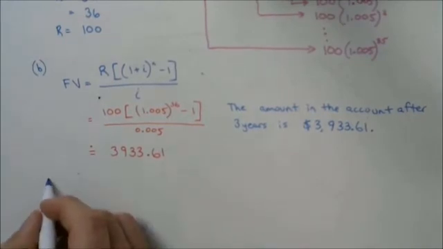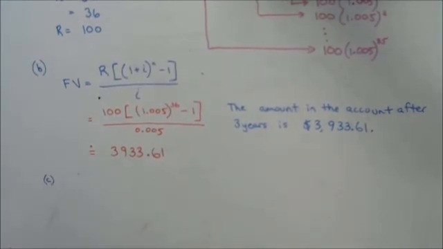C, how much interest was earned? So this is the full amount. That's all of the payments plus the interest earned on each payment. So we want to find out how much interest he's earned, which means we need to know how many payments he's made, how much has he paid into it. So how much of this amount is not what he paid into it directly?